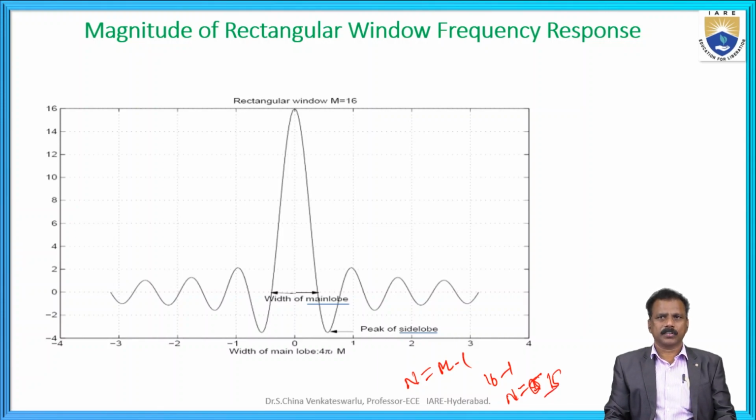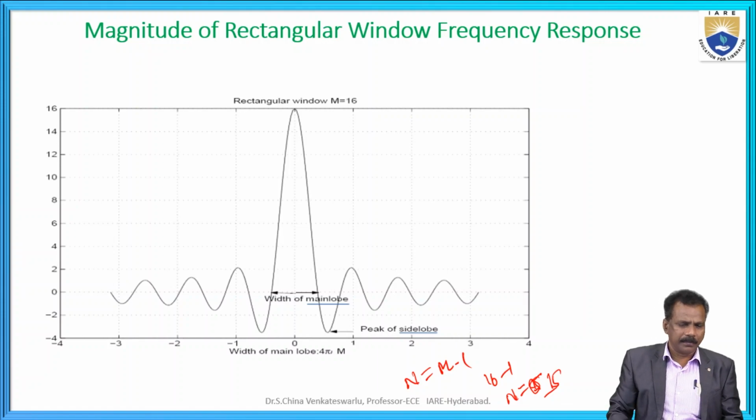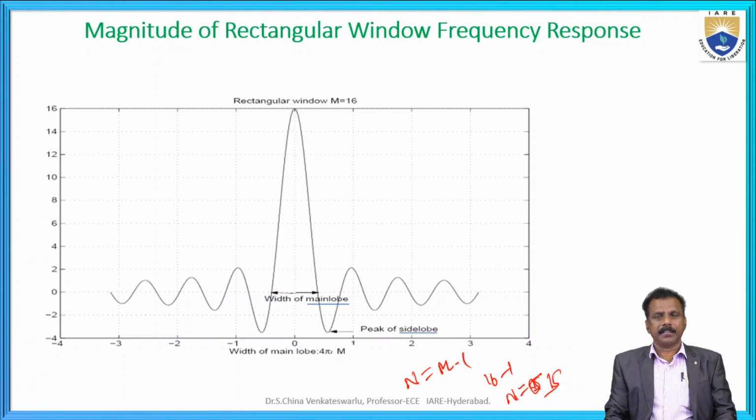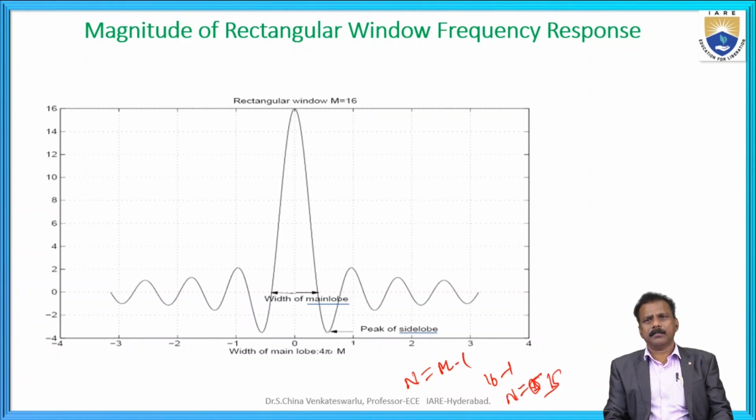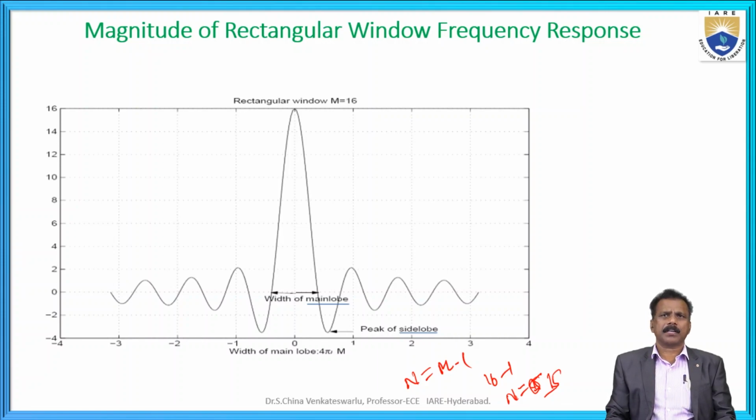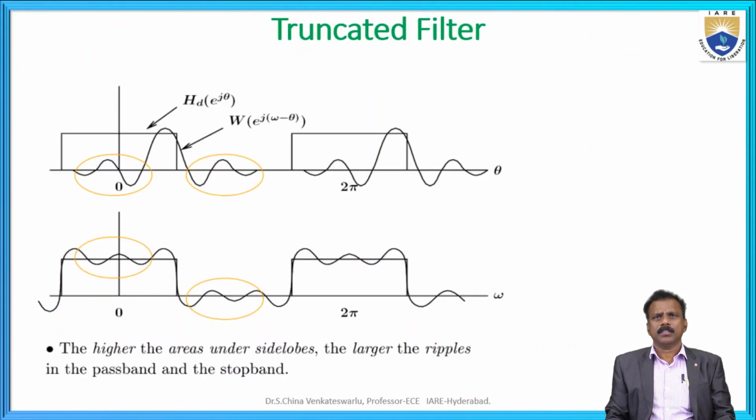Analyze this, or how we are practically doing it. The magnitude of the rectangular window frequency response, with this width of the main lobe, is typically verified, along with the peak side lobes compared to the width of the main lobe. This is the graphical representation of the magnitude of the rectangular window frequency response.